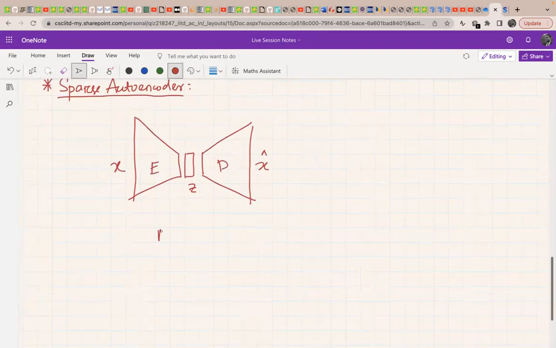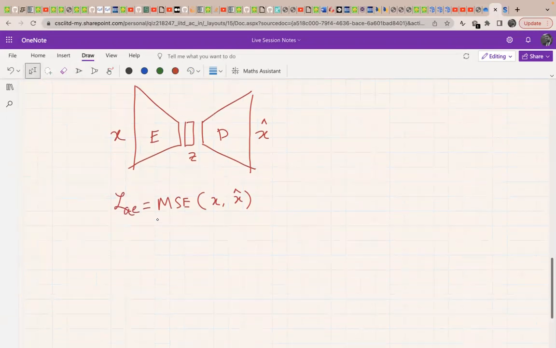The typical loss is the MSE between X and X hat. This is the autoencoder loss, loss AE.